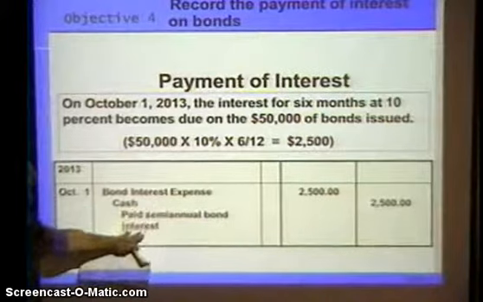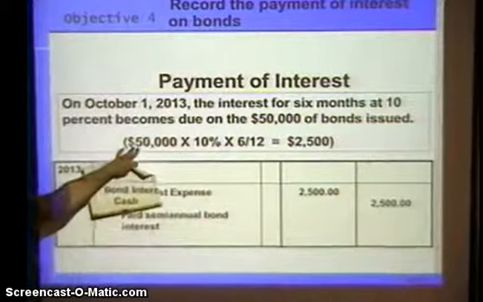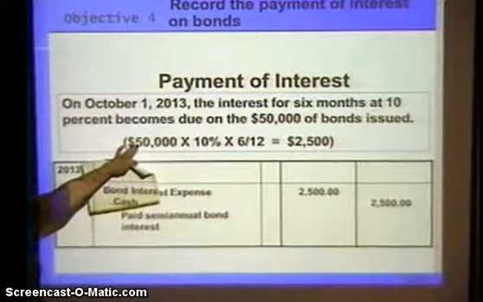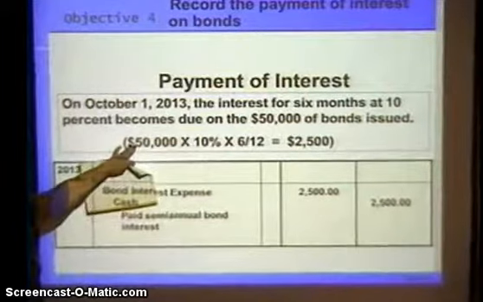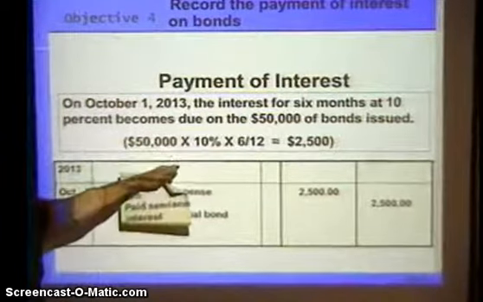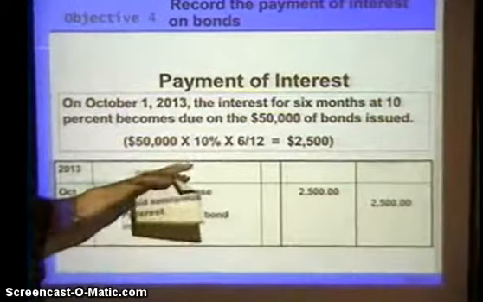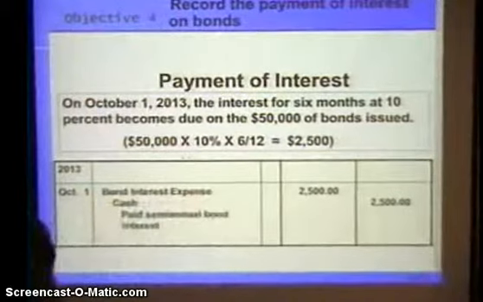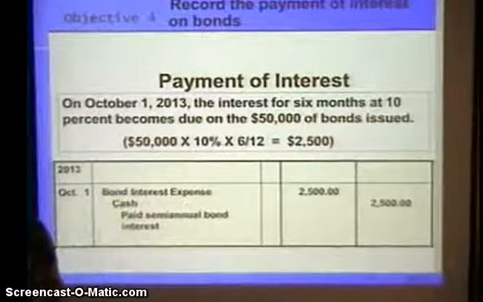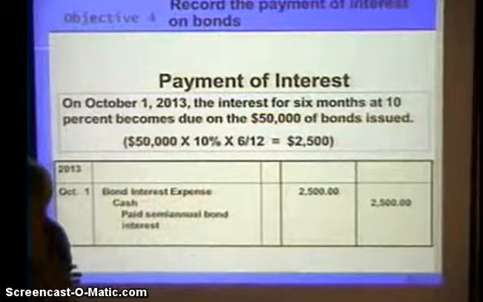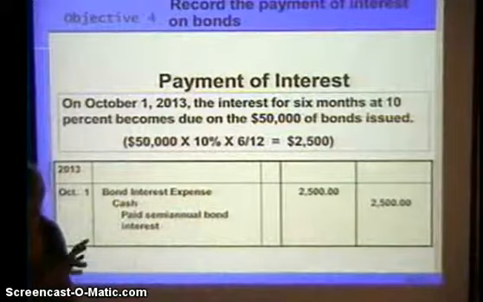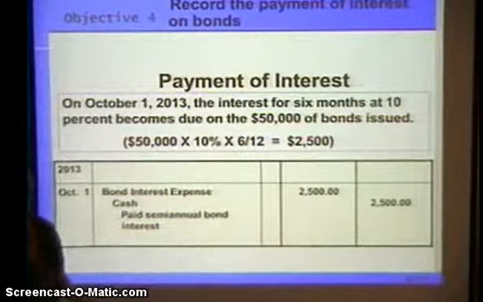So we figured that semi-annual interest. Here it is. There's our I equals PRT formula again. Principal times interest times half a year, 6/12, equals the amount of interest we have to pay. And y'all did this with your notes payable in that you figured accrued interest right when it came due and had to make that adjustment.